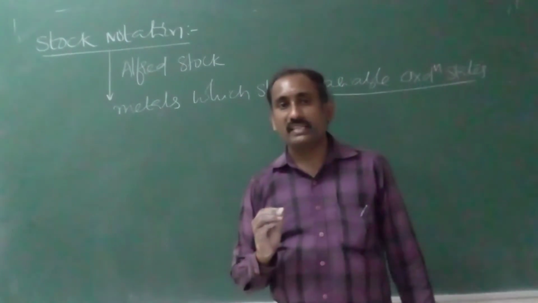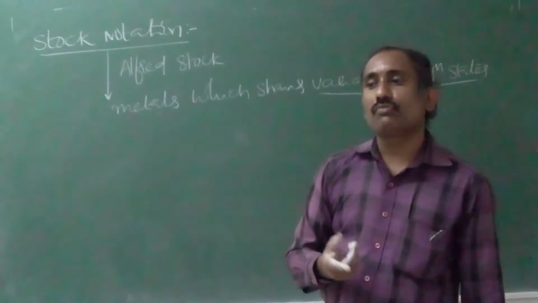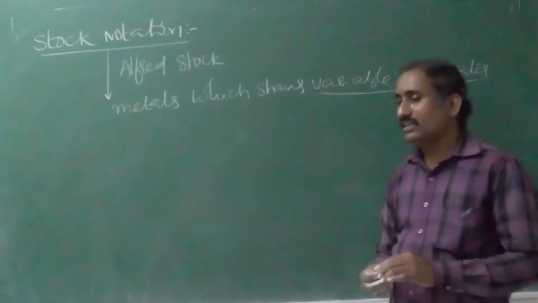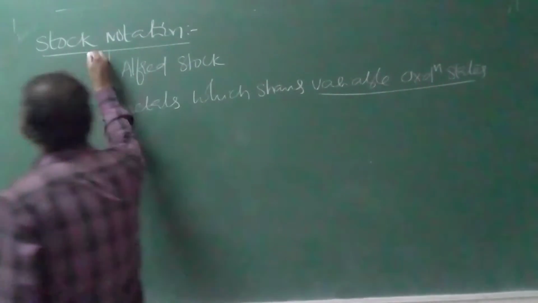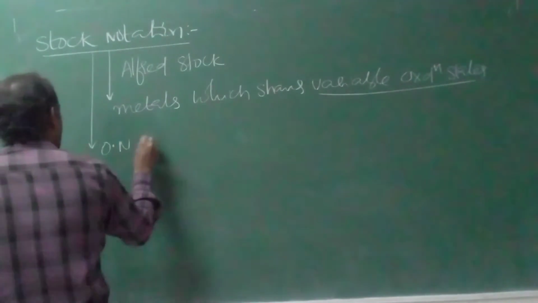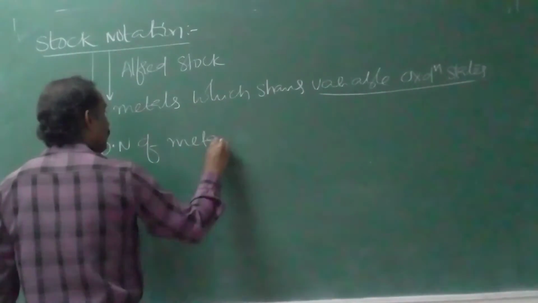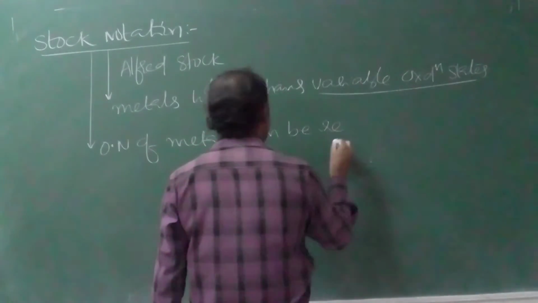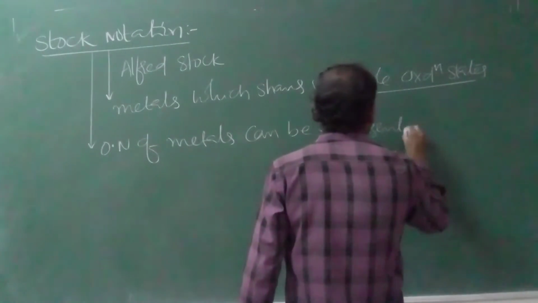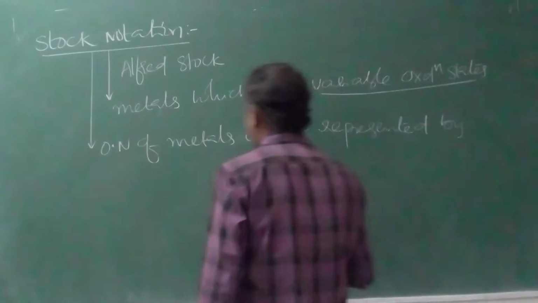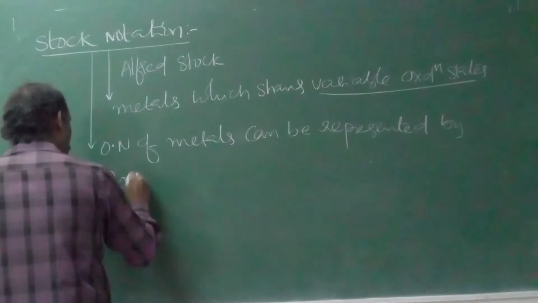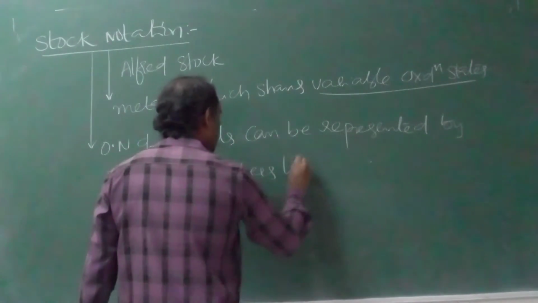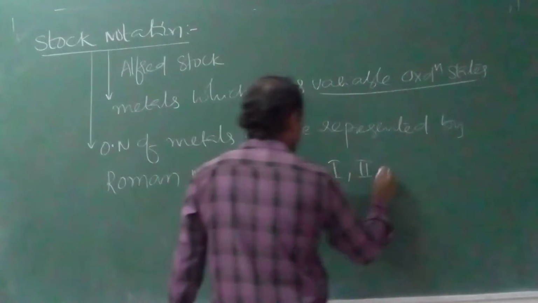When we are using Stock notation, if the metal exhibits more than one type of oxidation state, in order to distinguish that oxidation state, we use Stock notation. In Stock notation, oxidation numbers of metals can be represented by Roman numbers, like 1, 2, 3.